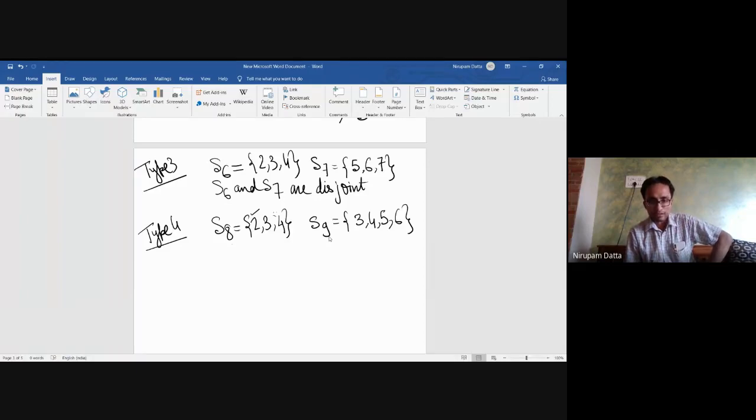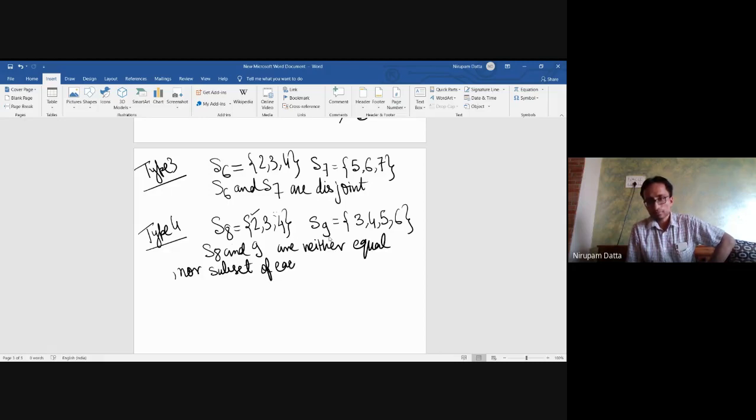So in such a case, S8 and S9 are neither equal, nor subsets of each other, and neither are they disjoint.